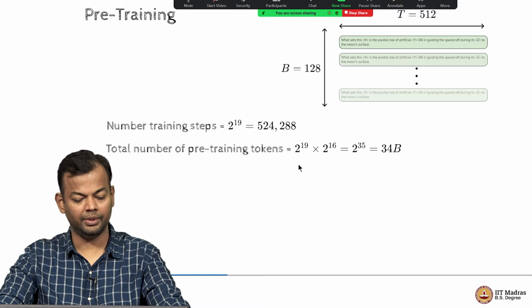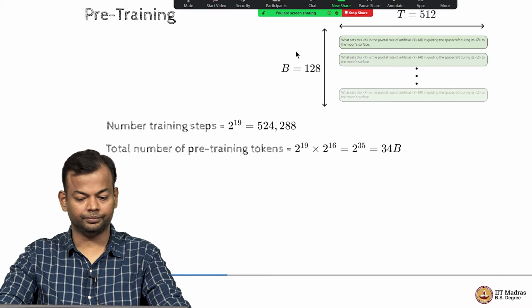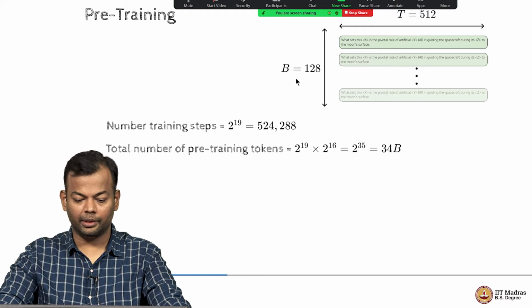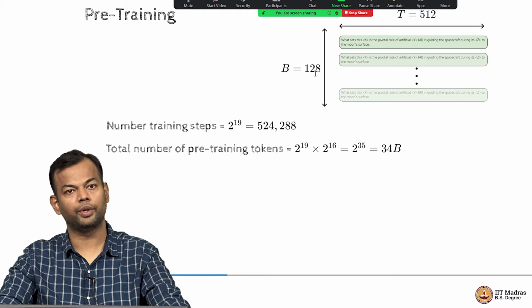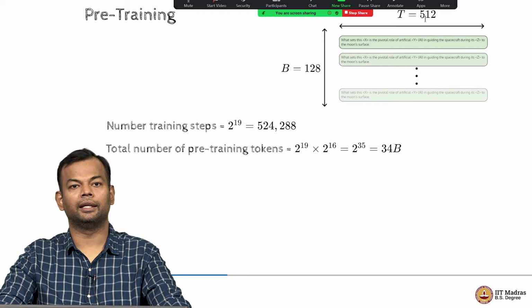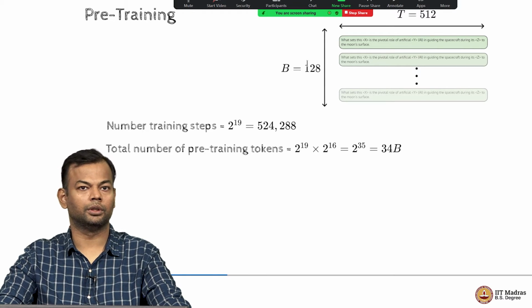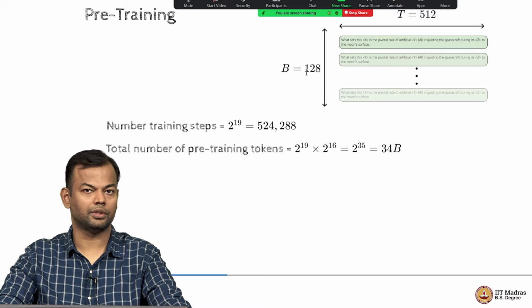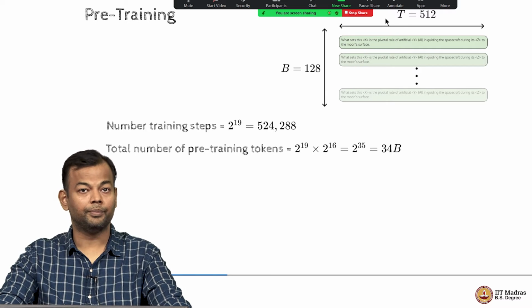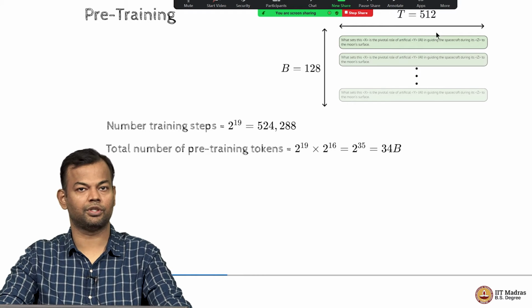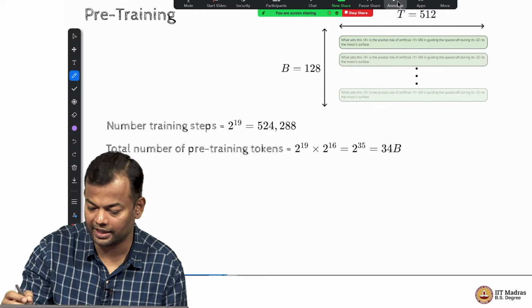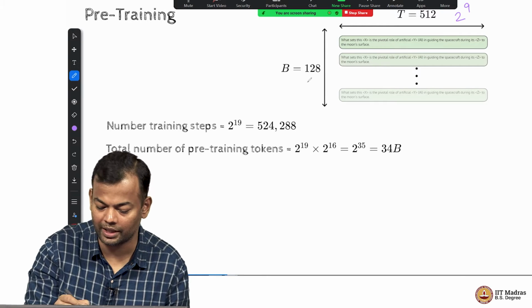So what does that mean? If you look at the batch size, which was 128, which is 2 raised to 7, and the number of tokens in every sequence was 512, which is 2 raised to 9.